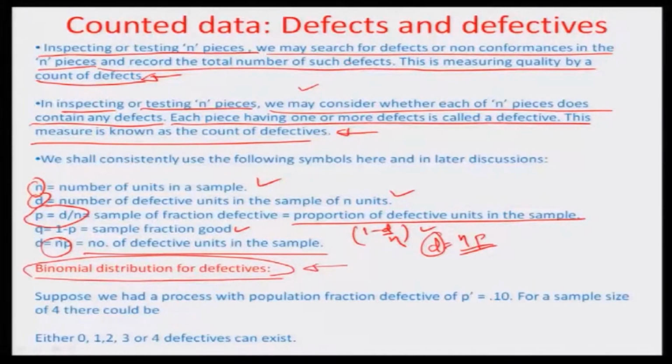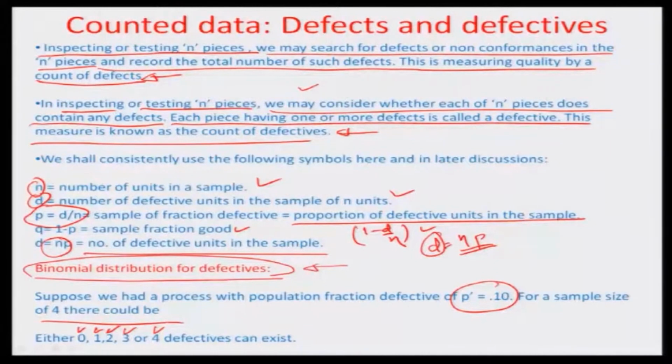Supposing we had a process with population fraction defective of 0.1, that means about 10 out of 100 samples are defective, and we take a sample size of 4. If we look at a draw size of 4 from this overall population of n, there can be a case where all the samples are good, so you have 0 defective, or at least one of the 4 draws is defective, or 2 defective, 3 defective, or all 4 defective.